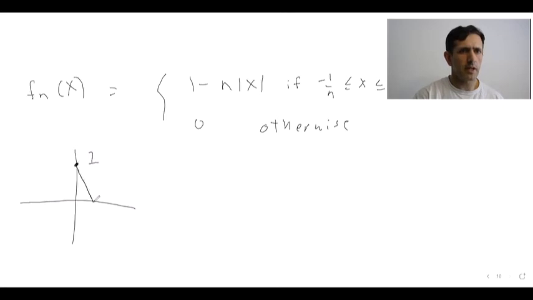So the function is basically like a roof. Here's 1 over n, and minus 1 over n. It's 0 outside, and it has slope n on one side and slope minus n on the other.